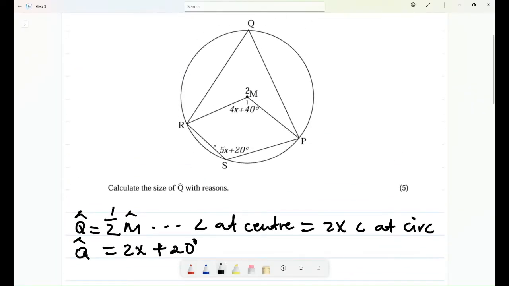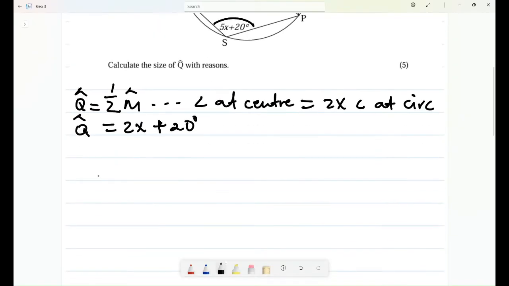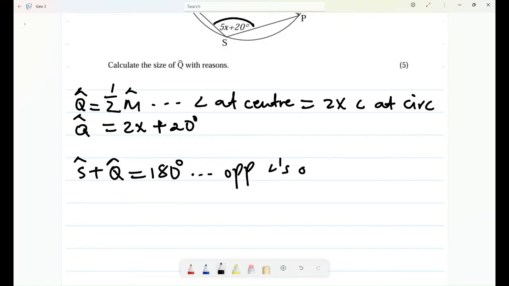Now we said this angle plus this angle is equal to 180. Okay? So we're going to say angle S plus angle Q. I'm writing this purposely because I want people to see this 180 degrees. Why am I saying that? Opposite angles of a cyclic quadrilateral, cyclic quad.